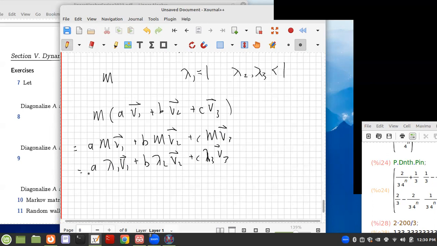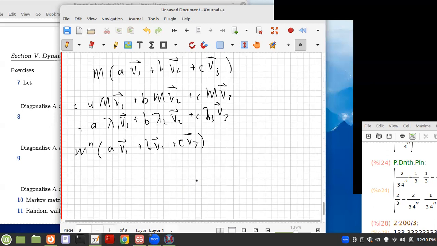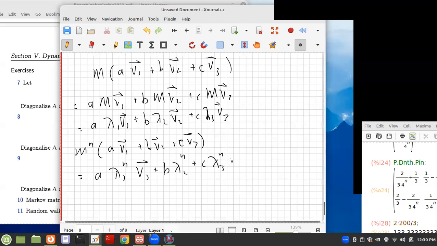Now, if I act with M to the n on this same vector, that's just going to equal A times lambda 1 to the n V1 plus B times lambda 2 to the n V2 plus C times lambda 3 to the n V3, okay?